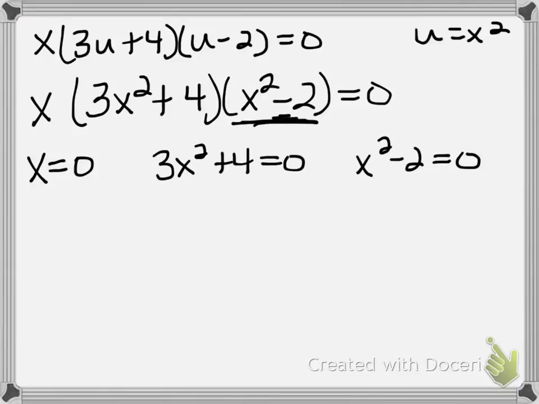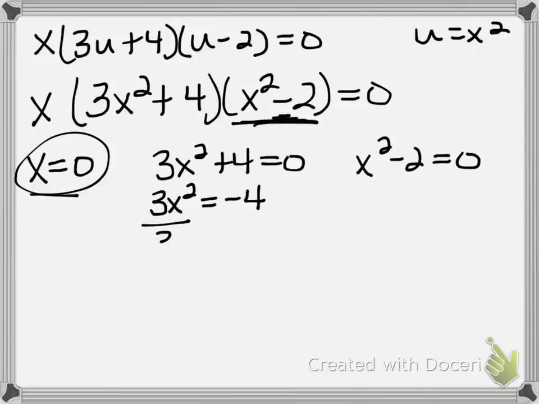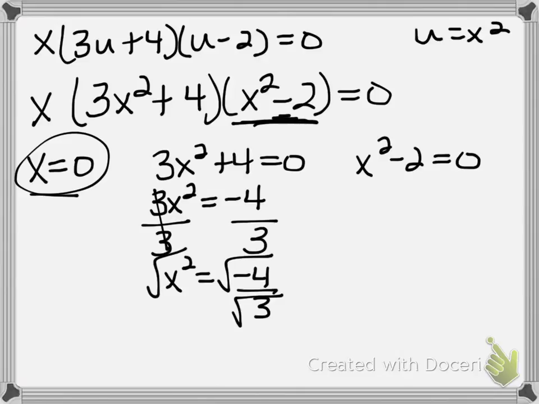Okay, so this one's pretty easy. I already have that x equals 0, so that was nice. Here, I think I'm going to see some fun. When I do all of that and take the square root, I get some craziness happening. I'm going to work over here to be able to do that. So we know we're going to have the positive and negative version of the square root of -4 over the square root of 3.